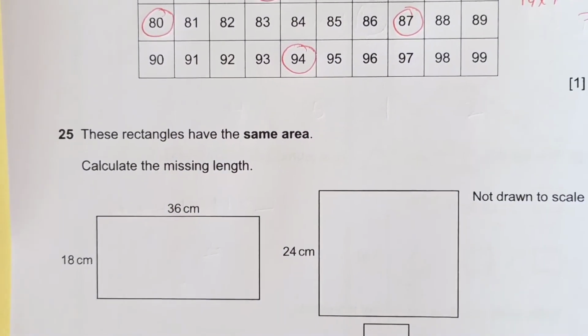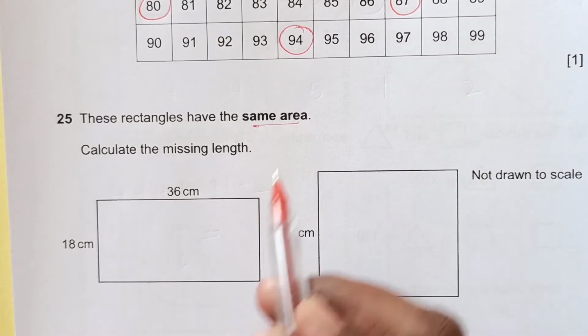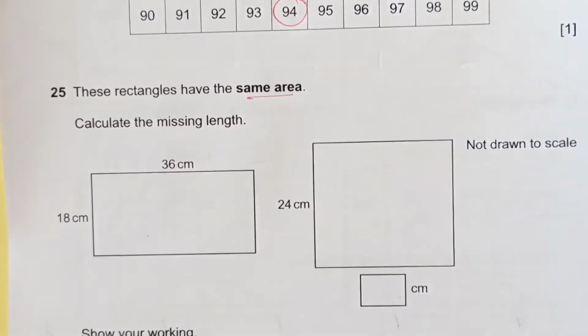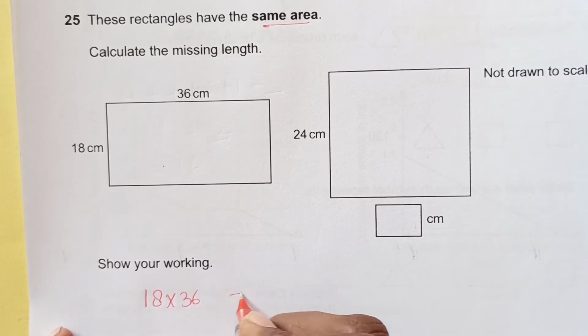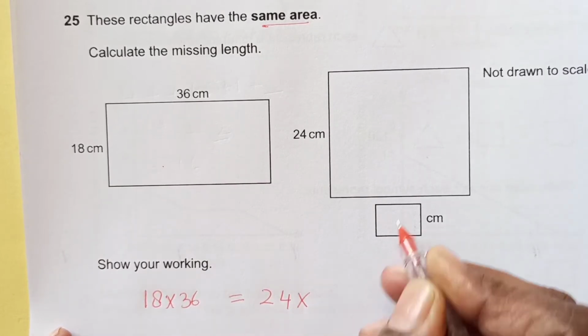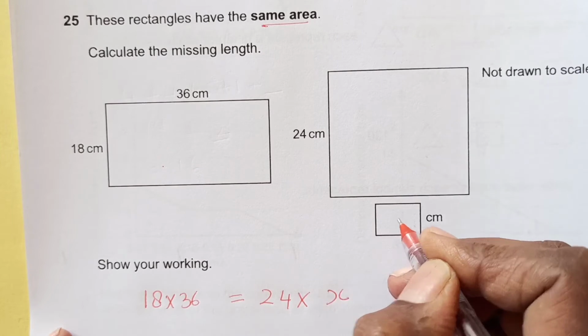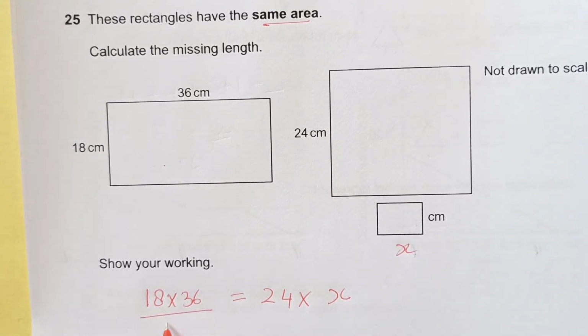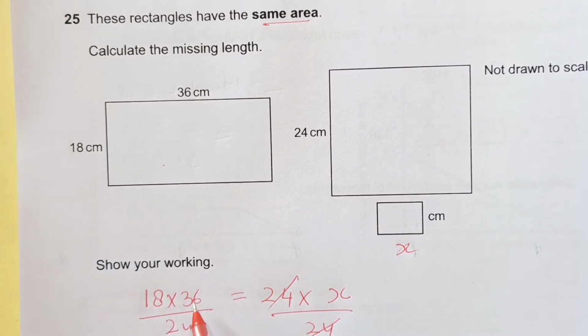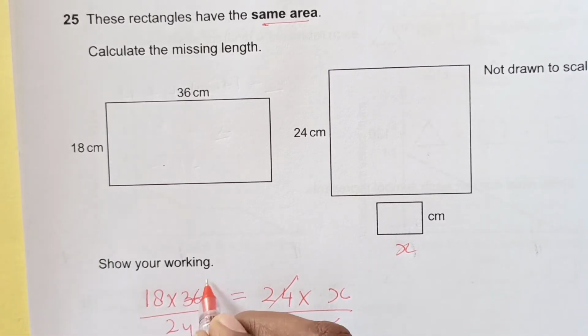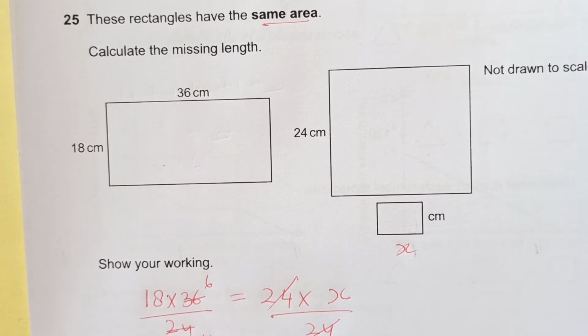Now number 25, these rectangles have the same area. Calculate the missing length. So same area means length times width, and this side 24 times, let's say this is x, right? Then divide by 24, divide by 24. So now you can divide it by 6 times 6 and 6 times 4.